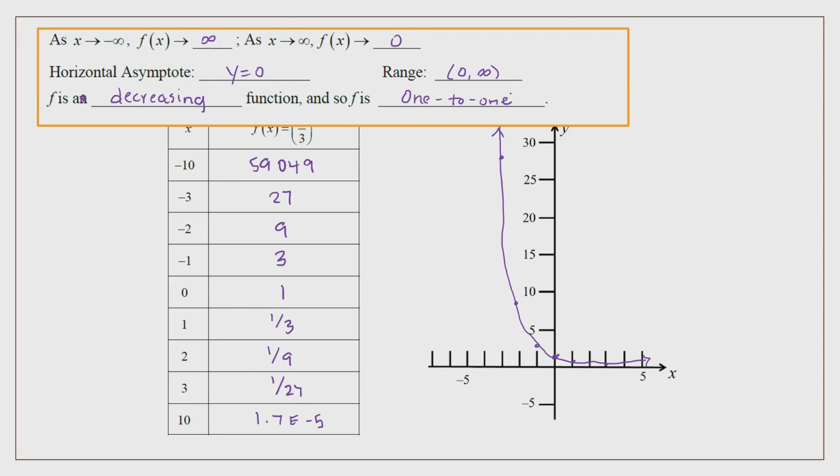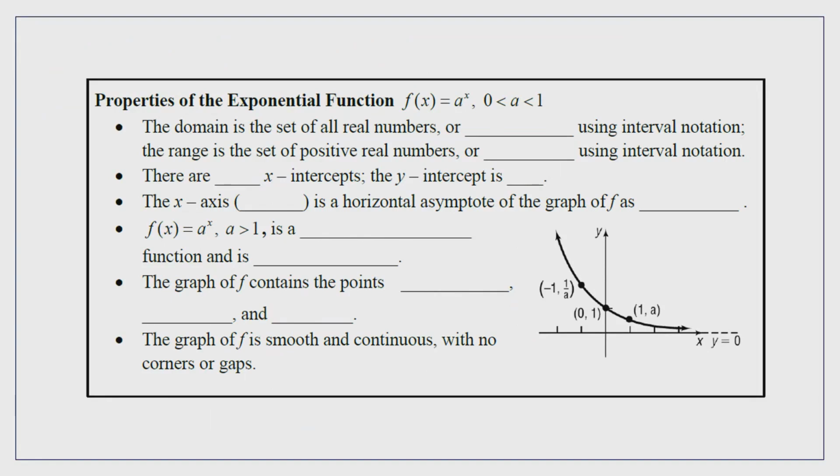So to summarize, when you have an exponential function where a is between 0 and 1, the domain is the set of all real numbers, or from negative infinity to infinity using interval notation. The range is the set of positive real numbers, or 0 to infinity using interval notation.